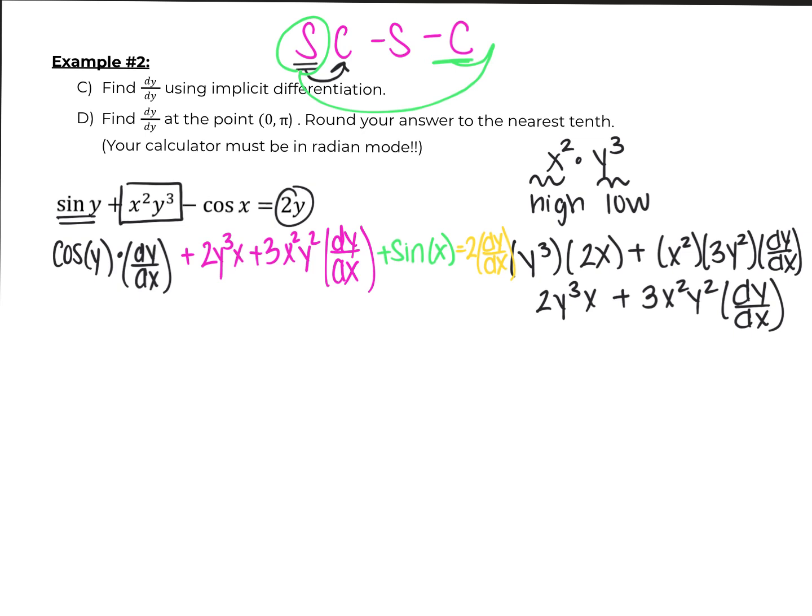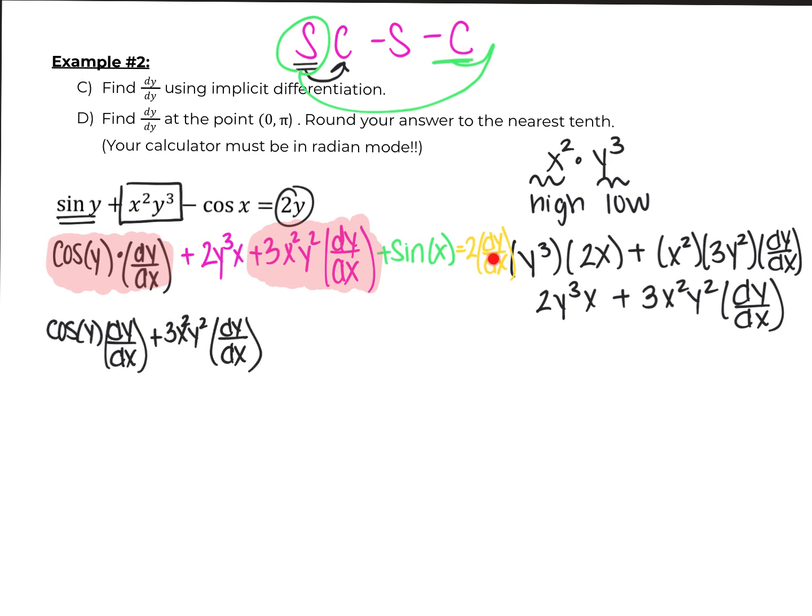So the goal now is to get all terms that have dy over dx with them to one side. This we're going to keep on the left side. We're going to keep this on the left side. And we need to bring this term to the left side while simultaneously bringing these two terms to the right side. So let's write down what we have. We have cosine y times dy over dx, and we have plus 3x squared y squared times dy over dx.